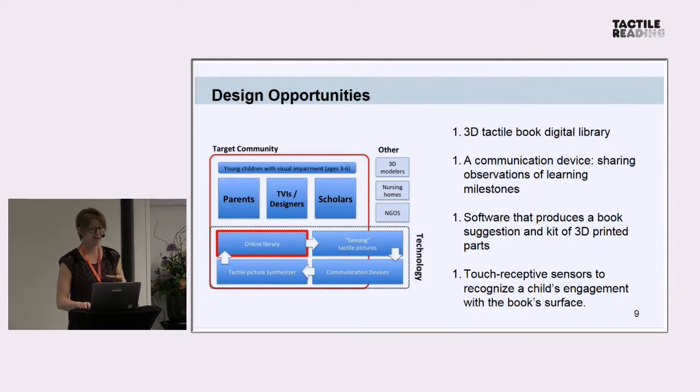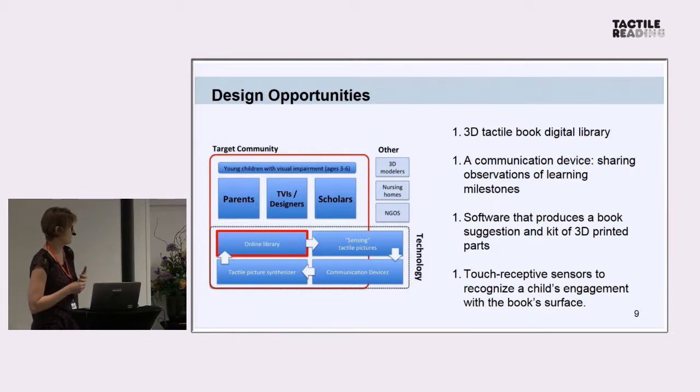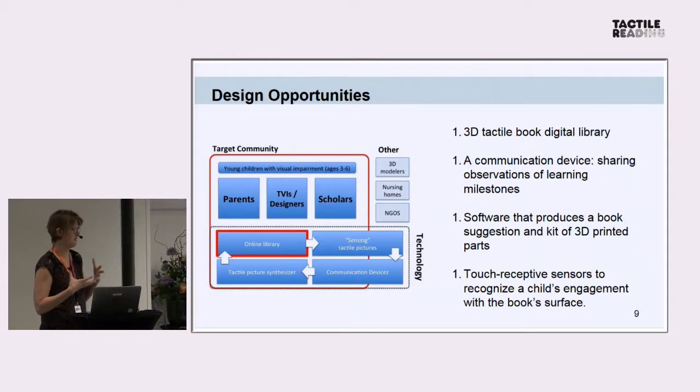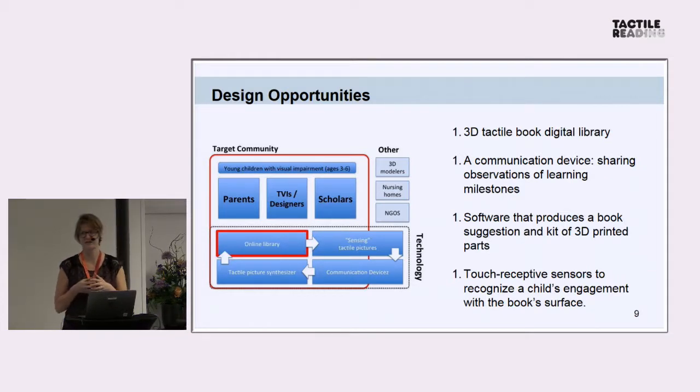From that, there's a diagram on this page which is more just a thinking tool for us to start to identify what are the design opportunities within the computer science world to support the design of tactile materials.